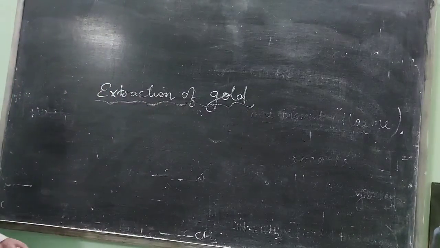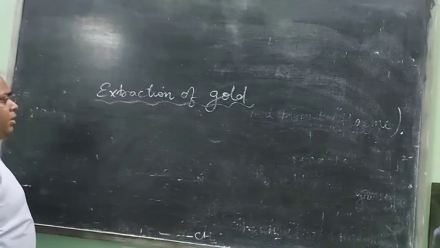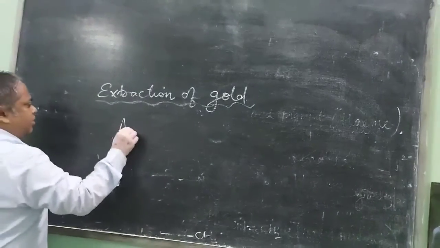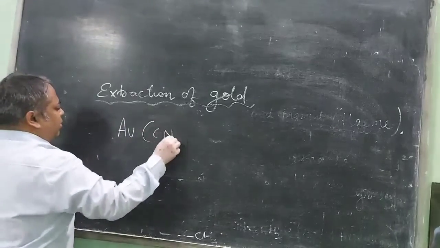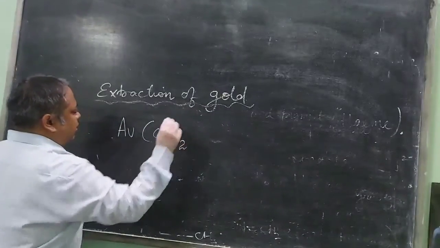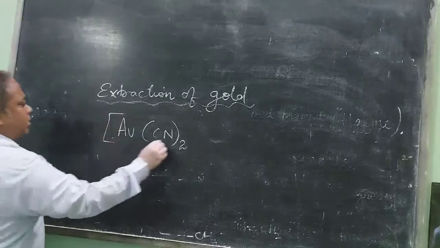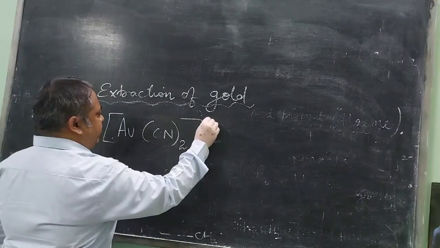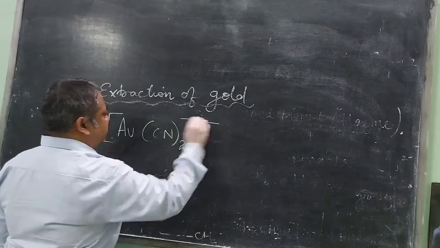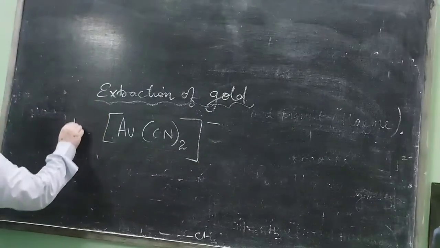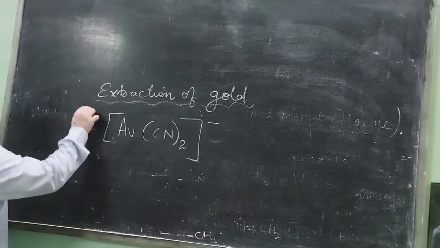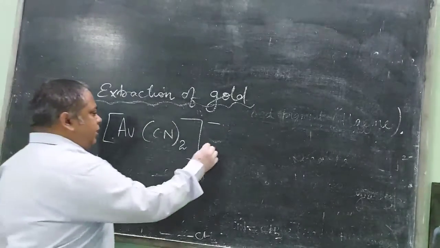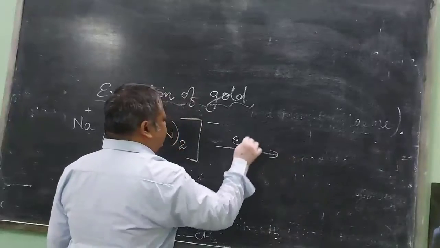It is difficult to make it undergo lots of reactions. So what we do is we make dicyanoaurate, or sodium salt of it, obviously, and after that it is made to undergo electrolysis.